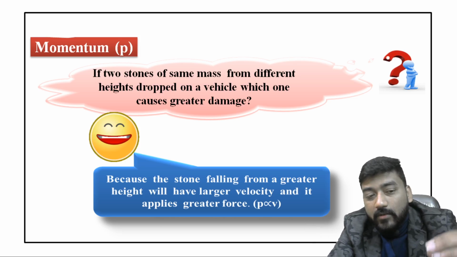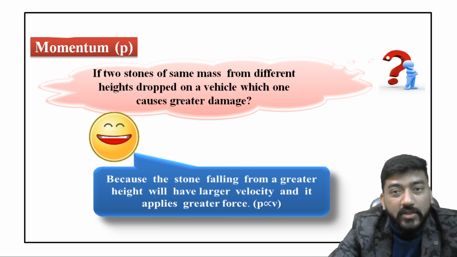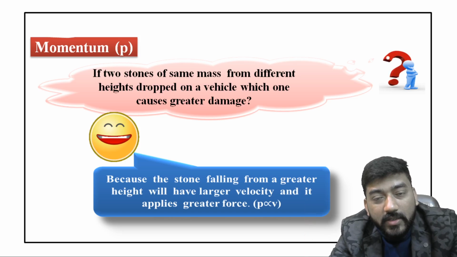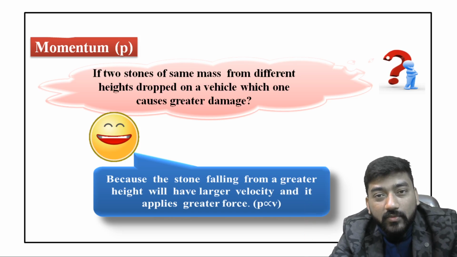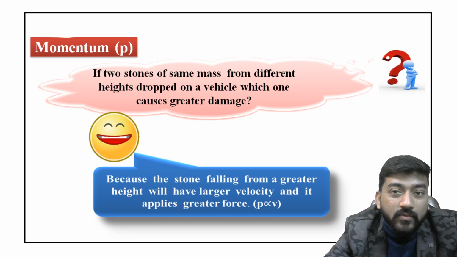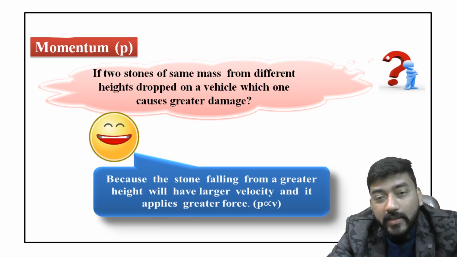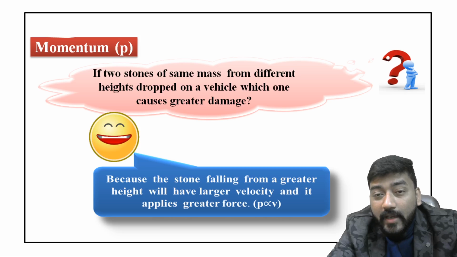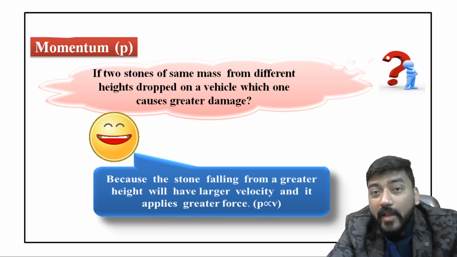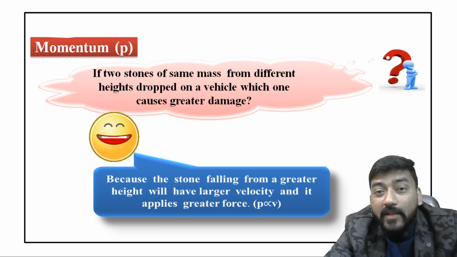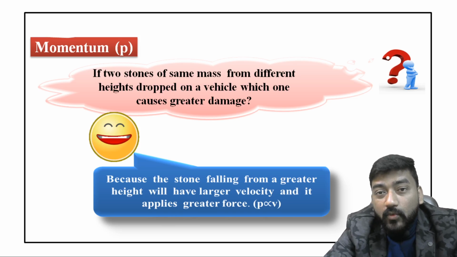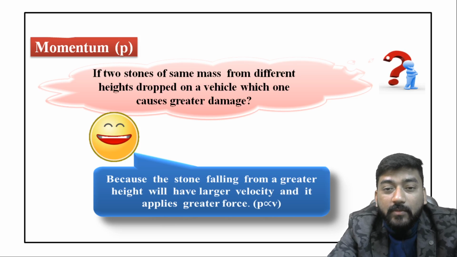If you keep the mass constant, then greater velocity will cause greater damage, and if you keep the velocity constant, then greater mass will damage more. If you change both, then the motion with the larger product of m and v will cause more damage.